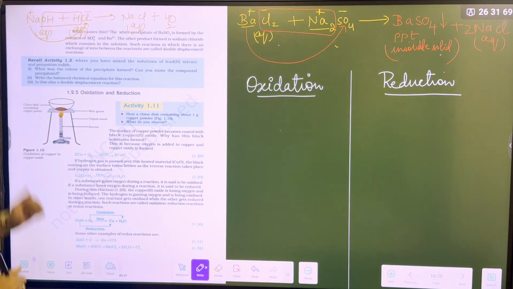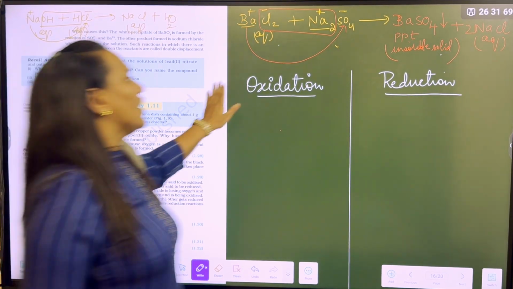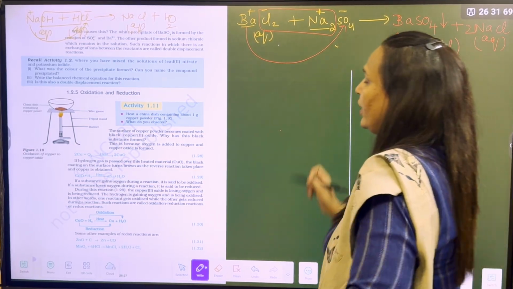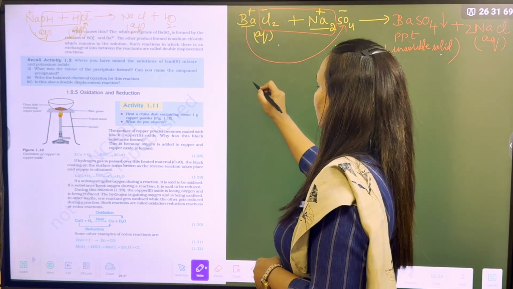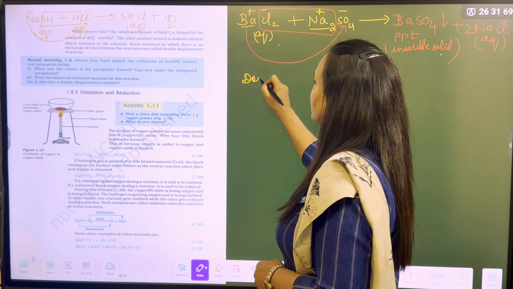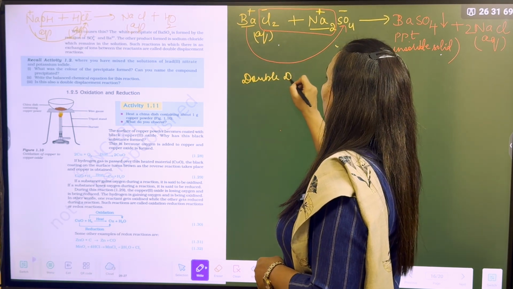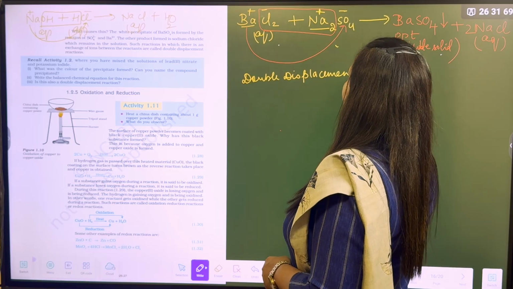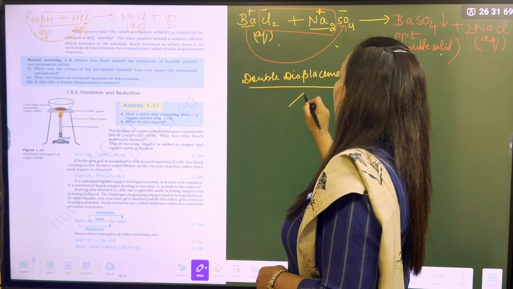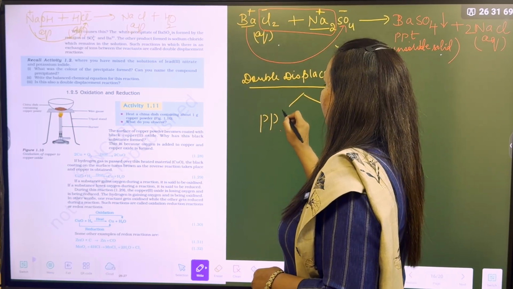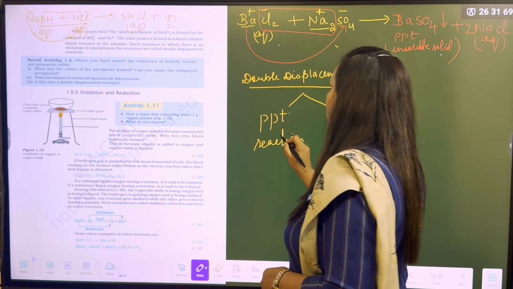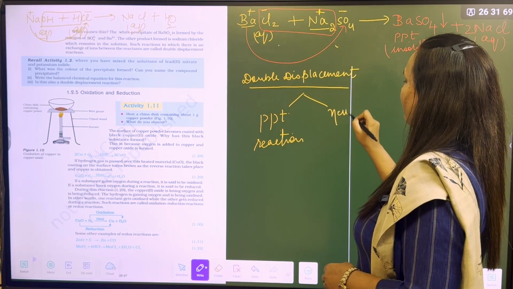Now, what we have understood from here is that double displacement reactions are of 2 types. It is a precipitate reaction, or second is the neutralization reaction.